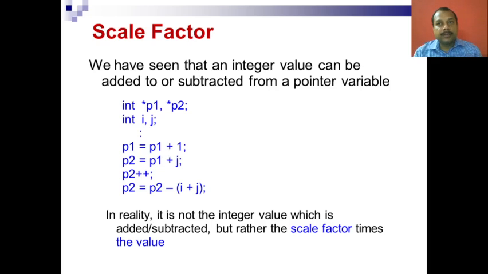Now if I subtract this way, say p2 = p2 - (i + j), then the final address will be decided based upon which element's address is stored in p2 and what the values of i and j are.